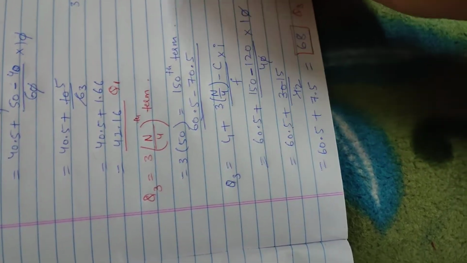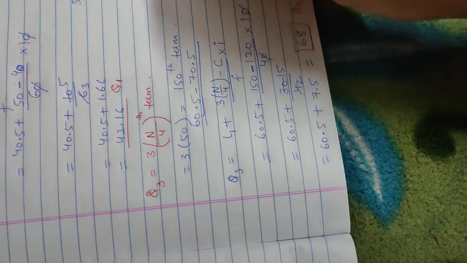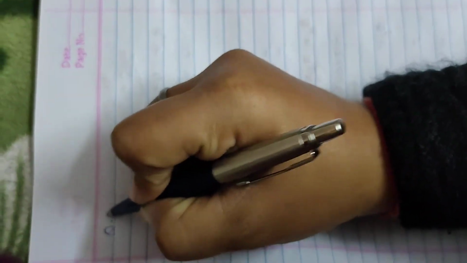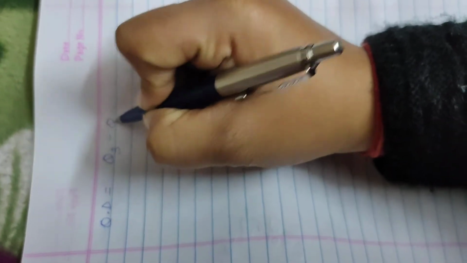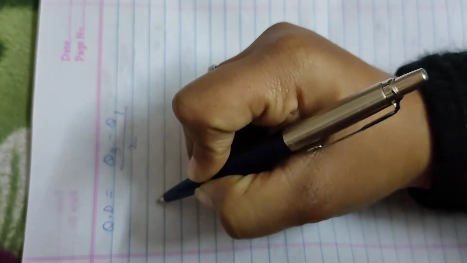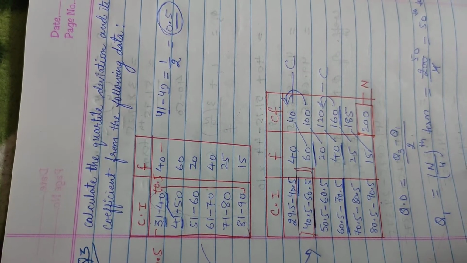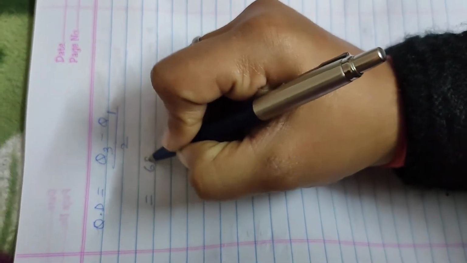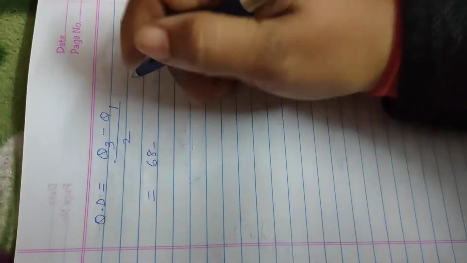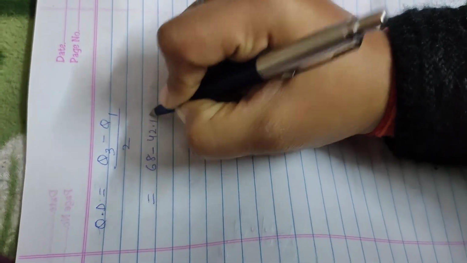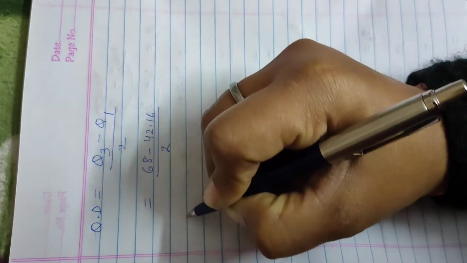Now solve this. Quartile deviation is equal to Q3 minus Q1 over 2. Q3 is 68, whereas Q1 is 42.16, over 2.